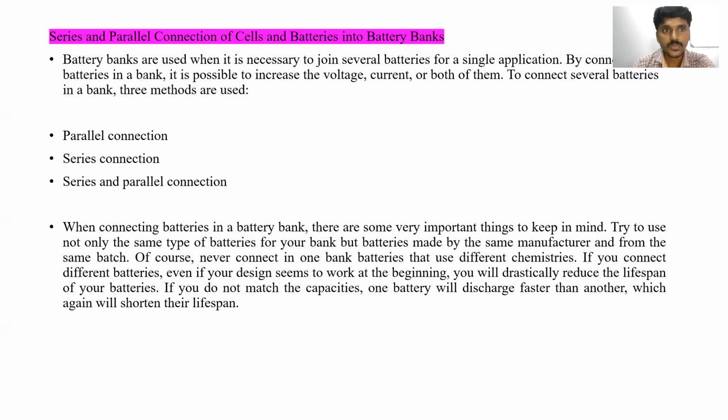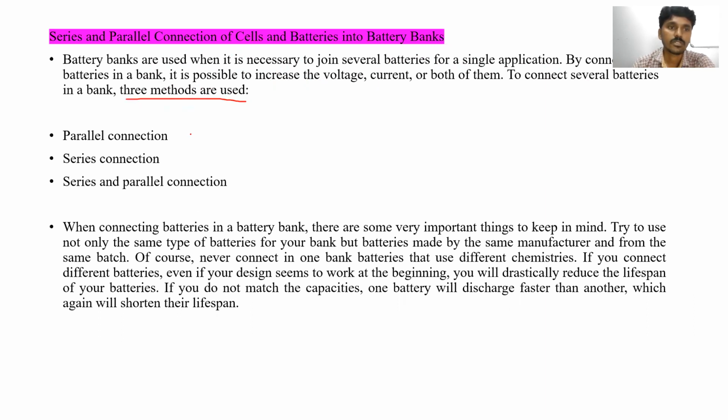Battery banks are used when it is necessary to join several batteries for a single application. By connecting batteries in a bank, it is possible to increase the voltage or current or both. We have three methods.